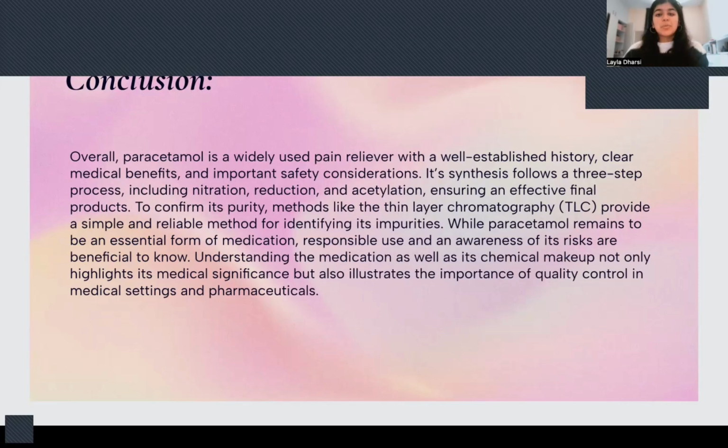While paracetamol remains an essential form of medication, responsible use and an awareness of its risks are important to know. Understanding the medication as well as its chemical makeup not only highlights its medical significance, but also illustrates the importance of quality control within pharmaceuticals and medical settings.